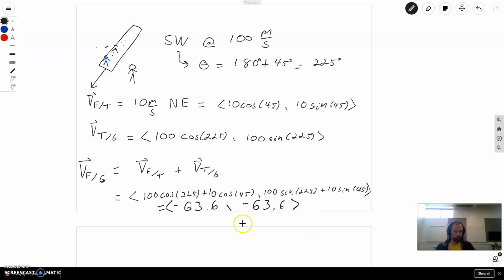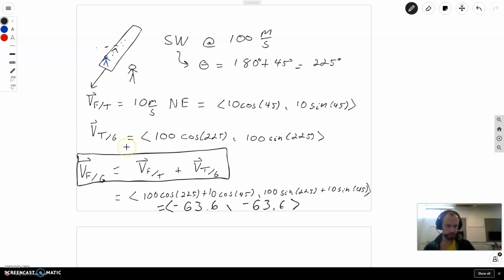We expected that ultimately the velocity of the football with respect to the ground is still moving southwest, although it's moving a little bit slower than the train. So how I always think about it, this equation is kind of your fundamental equation for relative velocities. And if you're ever confused by it, just go back to one dimension.